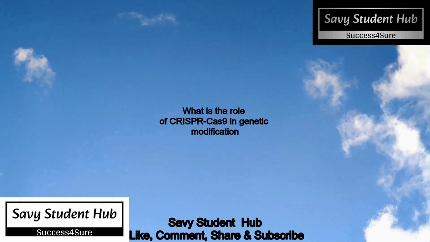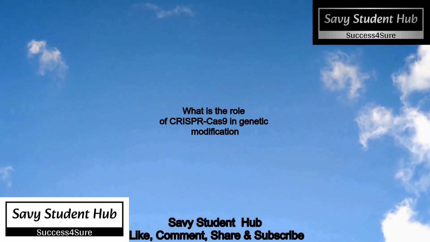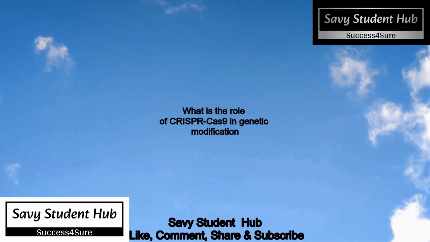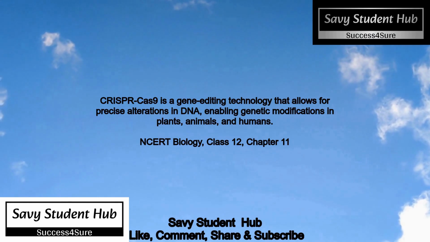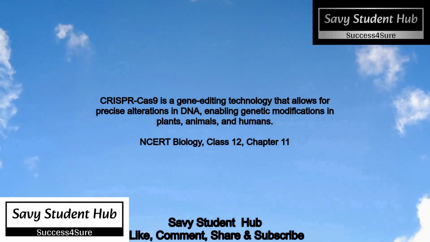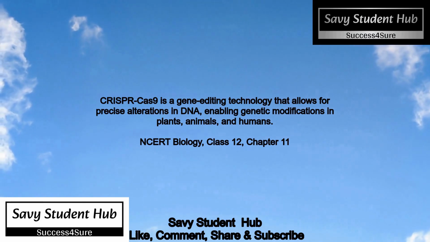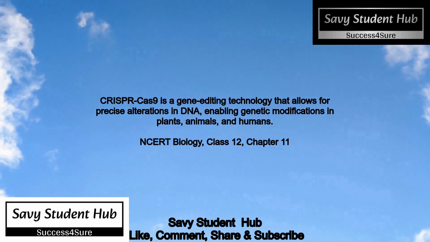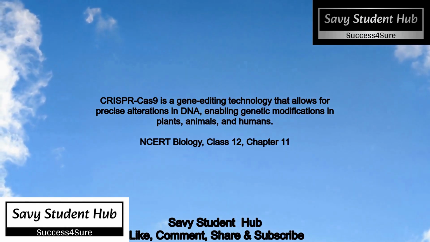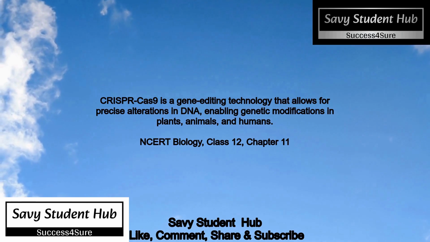What is the role of CRISPR-Cas9 in genetic modification? CRISPR-Cas9 is a gene-editing technology that allows for precise alterations in DNA, enabling genetic modifications in plants, animals, and humans.